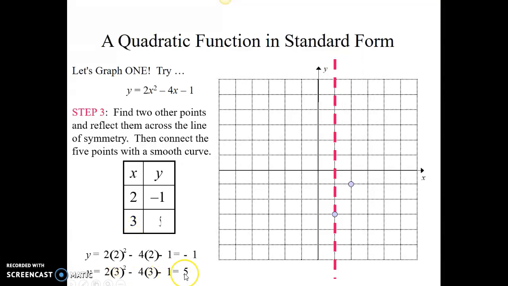Simplify this expression and we find that y equals 5. So next we'll plot the point 3, 5. And then the last step, 2 steps really, is to reflect and draw the curve.